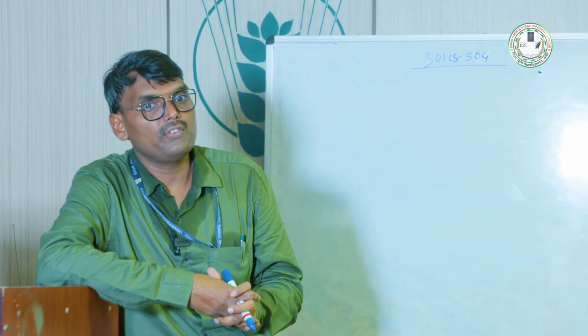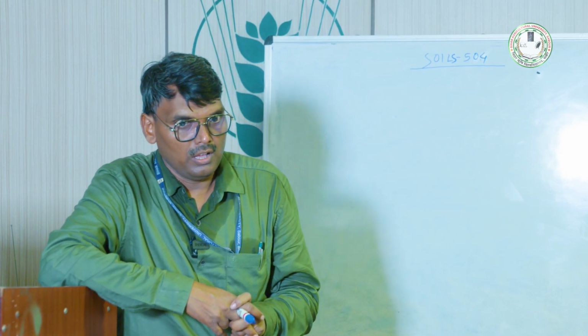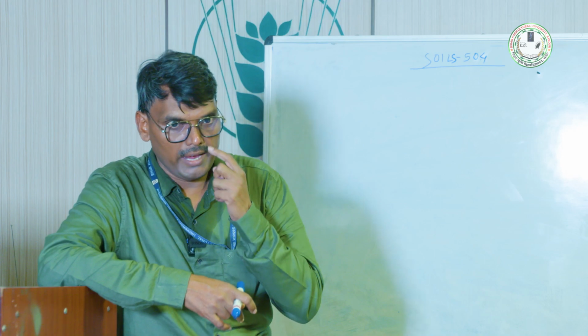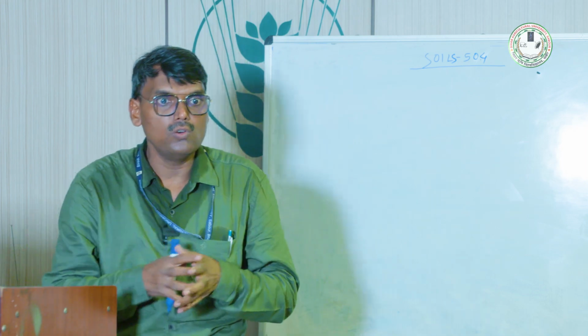GIS means geographical information system. Basically, in geographical information system, there are three components. First one, geographical area. Second one, information, how to convert into an information system. And the third is the people.